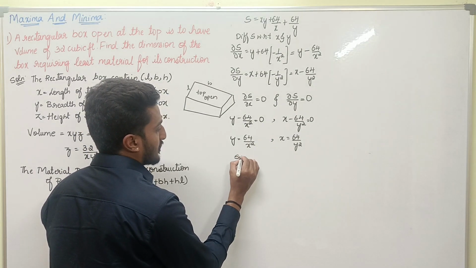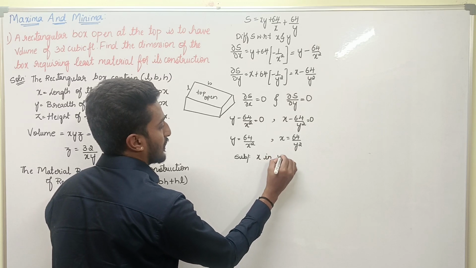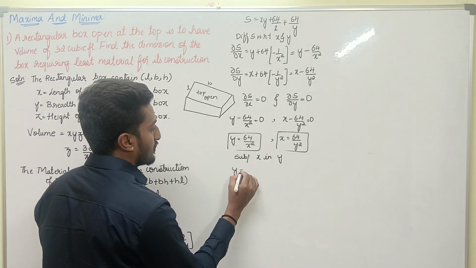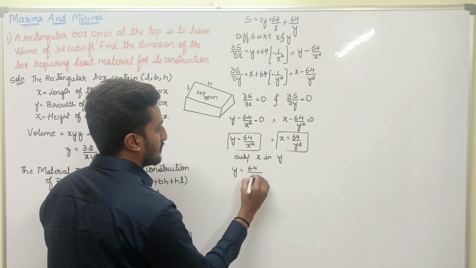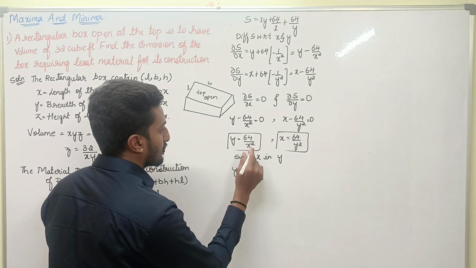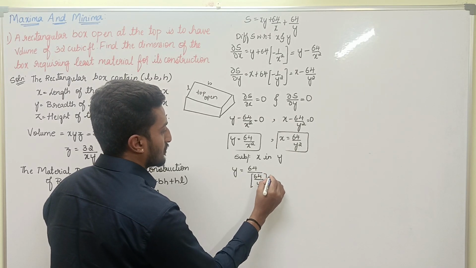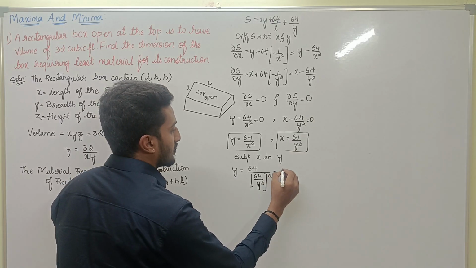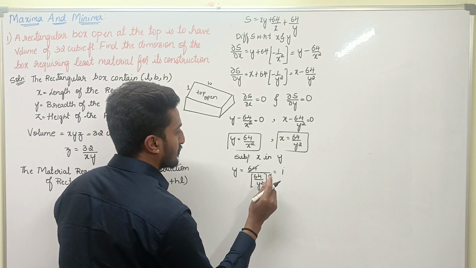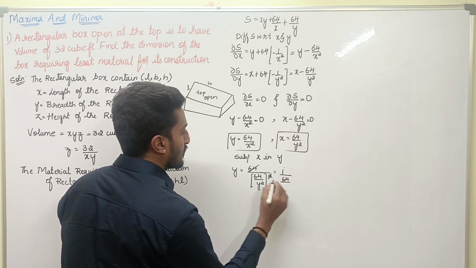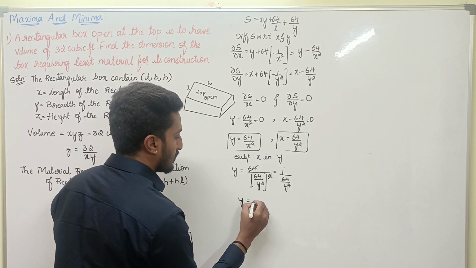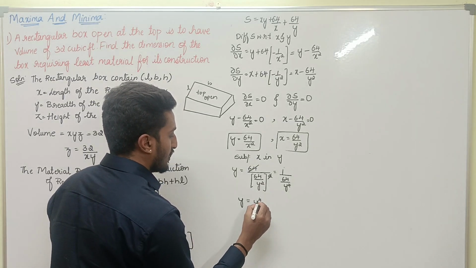Now substitute x in y. What are we going to get? y is equal to 64 divided by the quantity 64 divided by y square, the whole square, which is equal to, we can cancel 64 once, 1 by 64 by y power of 4, the denominator of the denominator goes to the numerator, y power of 4 divided by 64.